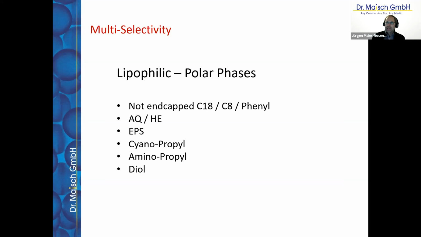If we look at the C18 phases, one possibility is to use non-endcapped C18 phases. Beside the non-polar C18 groups, we also have silanol groups available, which are able to make these polar interactions. That's the first.